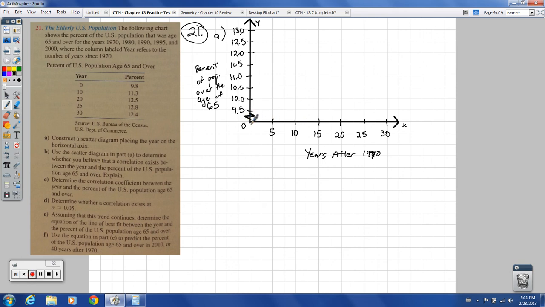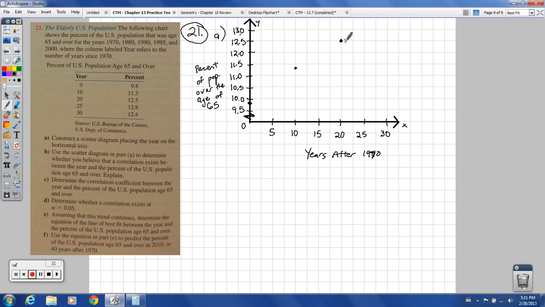This would be at 0 years. You're at 9.8%. So right about there. At 10 years, that's 11.3. So approximately, this would be 11.25, right halfway in between. So just a fraction, just a little skosh above that. Skosh, it's back. Skadoosh. 20, 12.5.